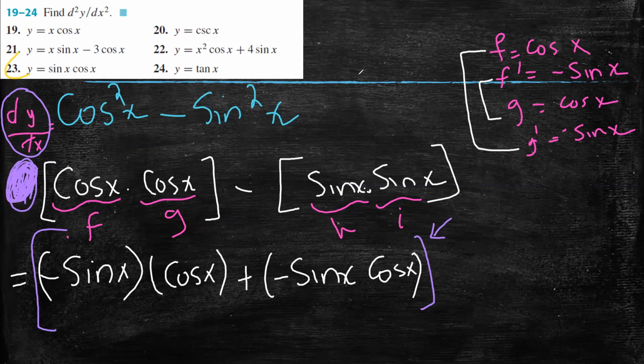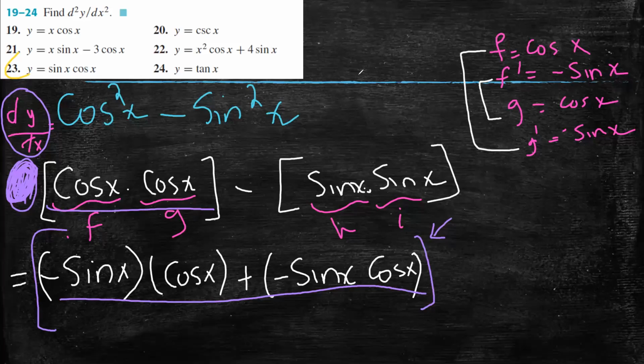The second derivative: they are cosine squared, so I can write it as cosine times cosine. The first bracket here is for the derivative of the first term. Now I want to find the derivative of the second term, which is sine times sine.